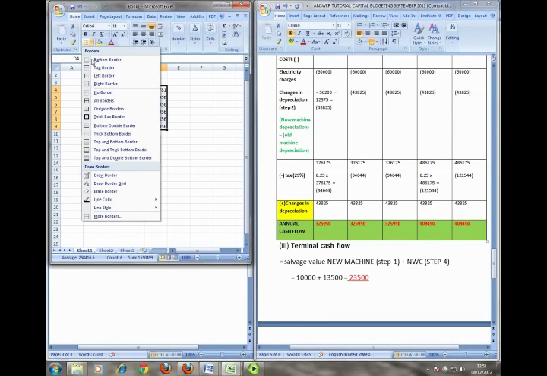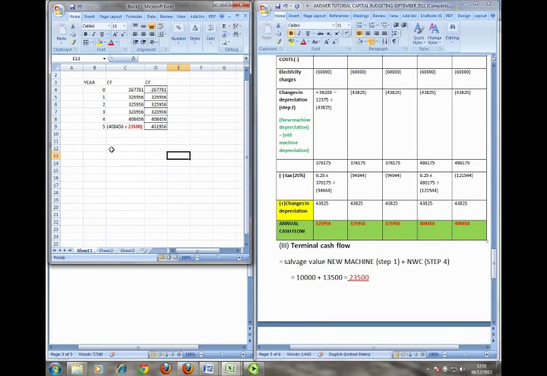When you have constructed this table, now you need to calculate your payback period. Class, what is the formula for payback period?